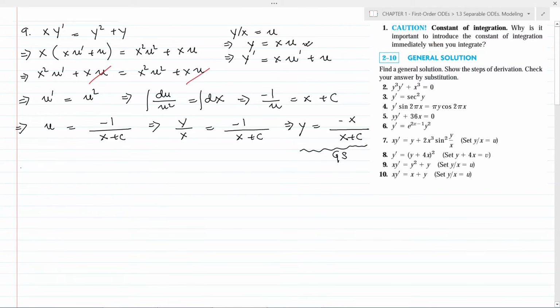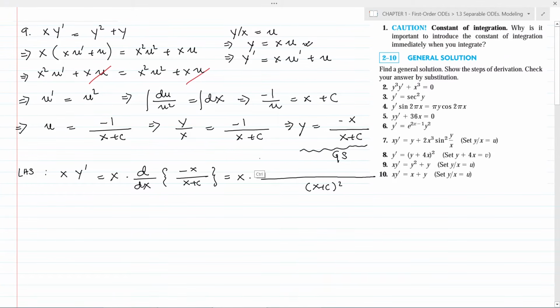So we will take the LHS of the differential equation, which is x y prime, which is equal to x multiplied by the derivative of minus x divided by x plus c, which is equal to x multiplied by the denominator squared, which is x plus c whole square, and in the numerator we will write x plus c multiplied by the derivative of the numerator, which is minus 1, minus x, the numerator, multiplied by the derivative of the denominator, which is 1.